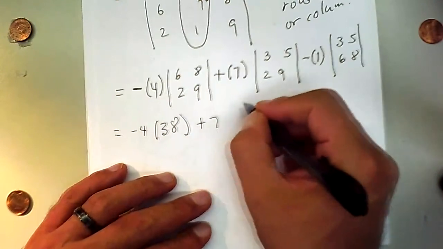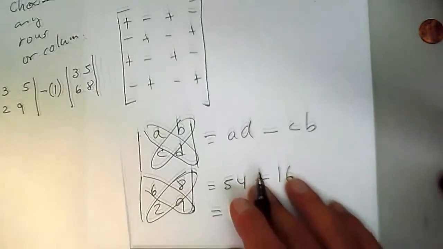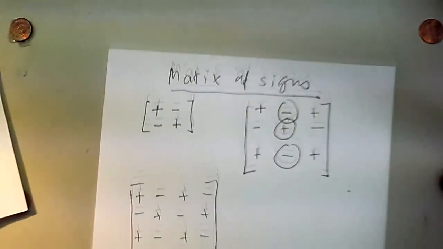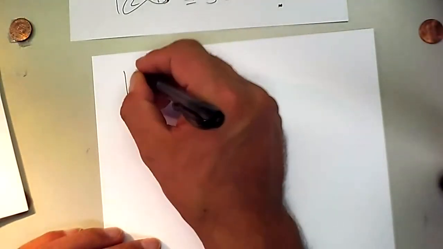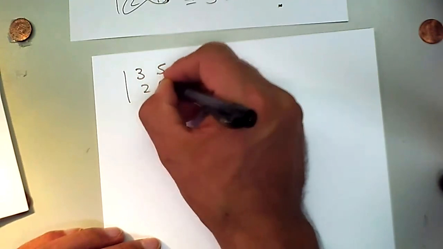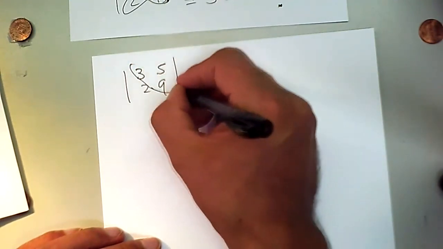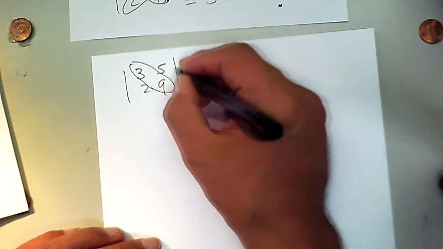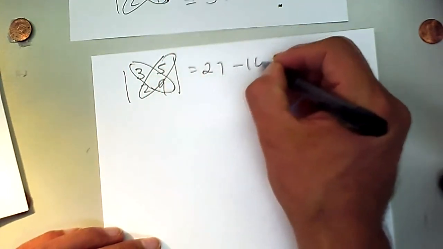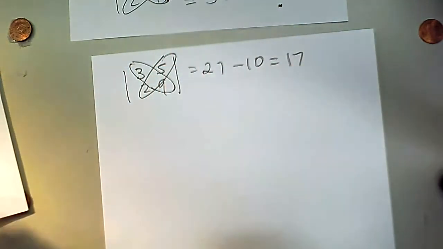Plus 7 times, okay, 3, 5, 2, 9. 27 minus 10 is 17.